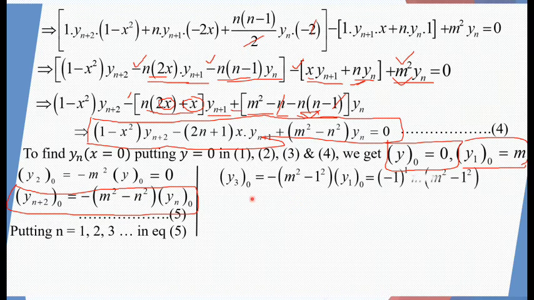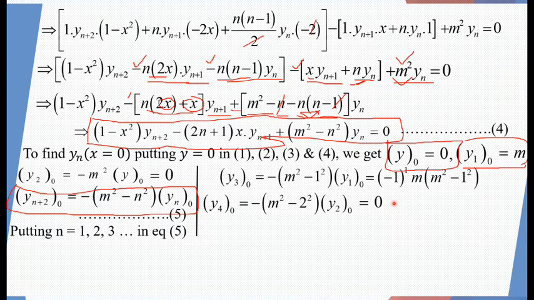So we can write y3(0) as minus 1 power 1 into m into m square minus 1 square. Now put n equals to 2. So y4(0) is equal to minus m square minus 2 square y2(0), but y2(0) is 0. So y4(0) is also 0.